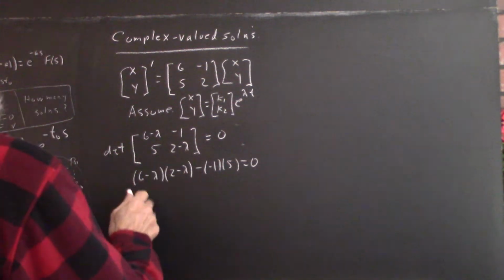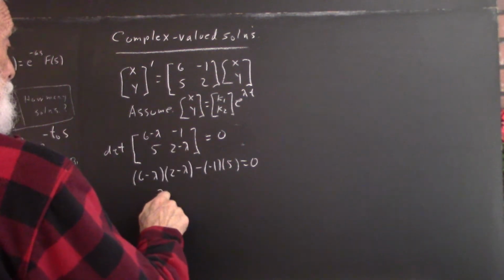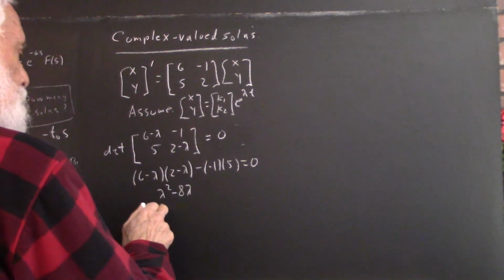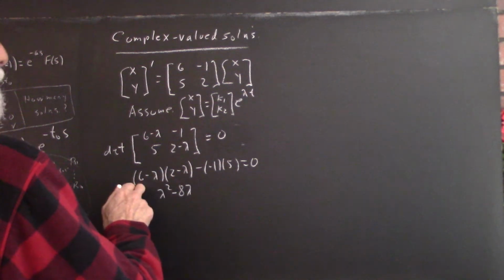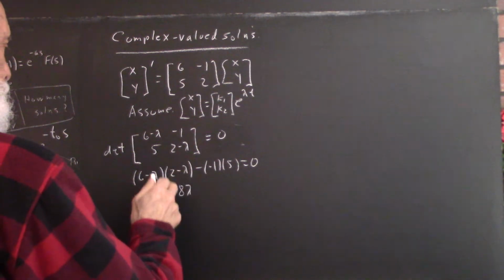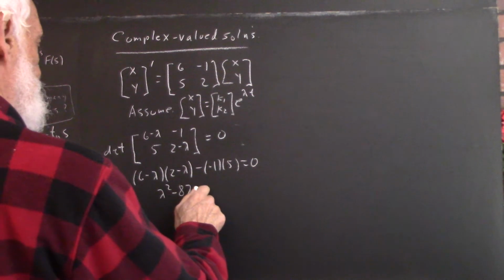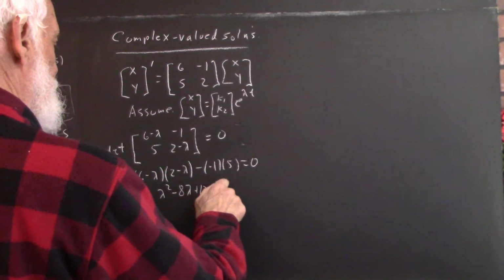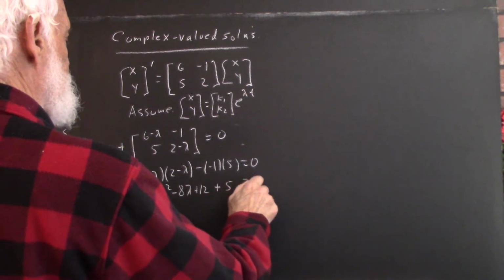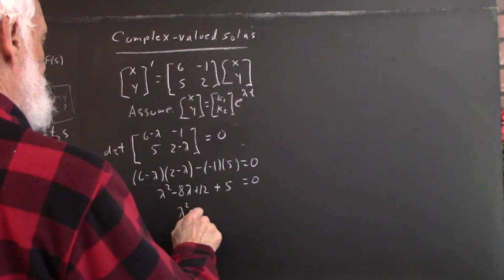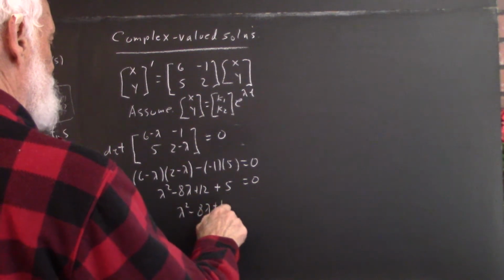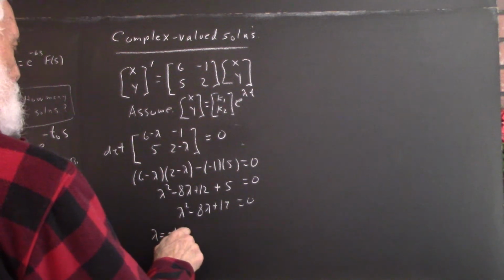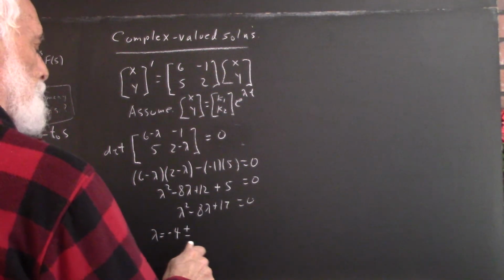Okay, so multiplying this out carefully and correctly, I hope this time, we're going to get lambda squared, and then negative 6 and negative 2 lambda, which is negative 8 lambda, and then plus 12. Plus 5 equals 0, so lambda squared minus 8 lambda plus 17 equals 0.